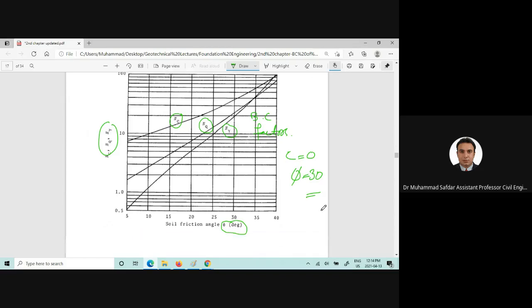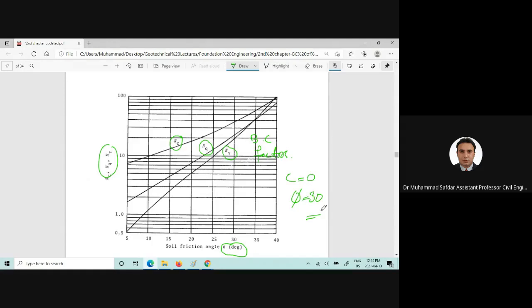The reason I'm asking is that it will for sure come in the exam: the friction angle will be given and you need to find Nc, Nq, and N gamma, which leads to the solution of your problem or even designing the foundation. If you come up with a different value, your answer and foundation dimensions would be significantly different. So this is just an exercise: for a 30-degree friction angle, what would be the values for Nc, Nq, and N gamma?